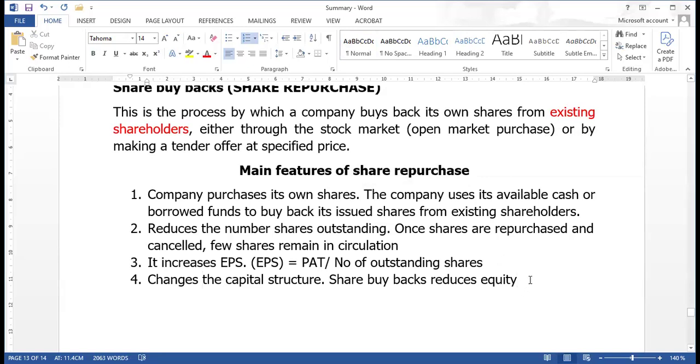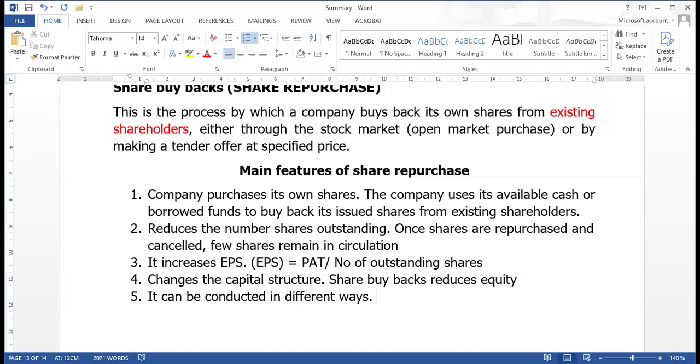Another feature is how you are purchasing them. The main feature of this share repurchase is that it can be conducted in different ways.